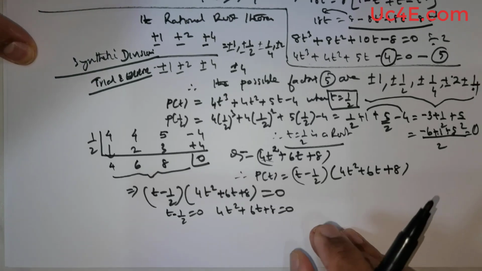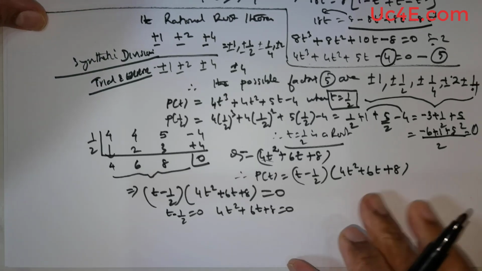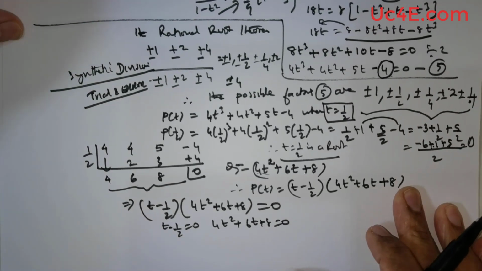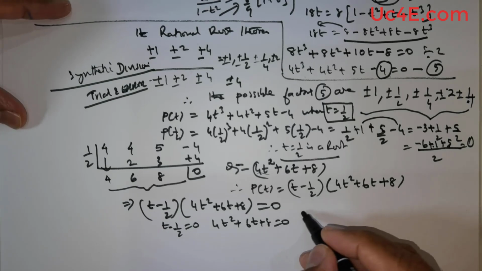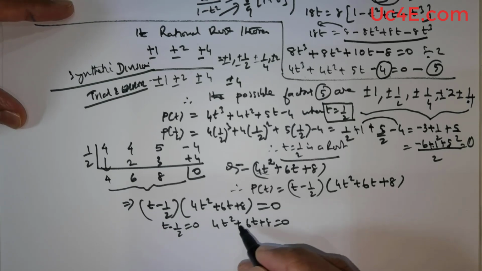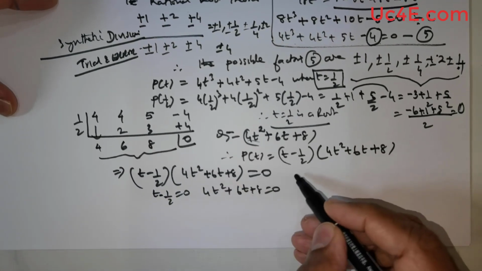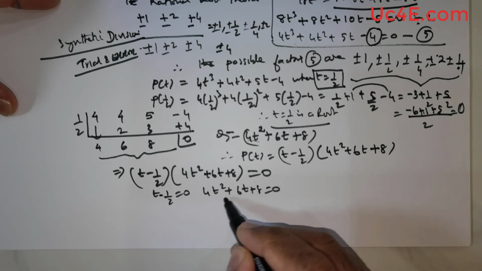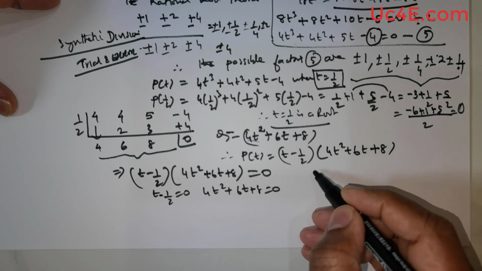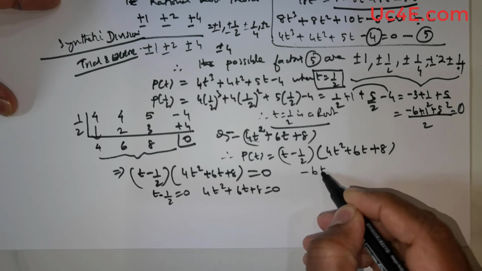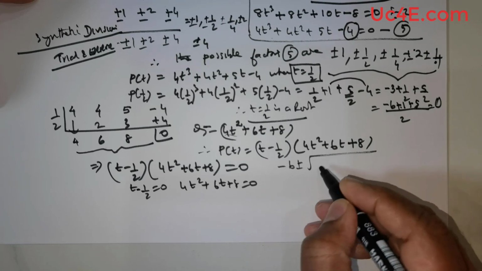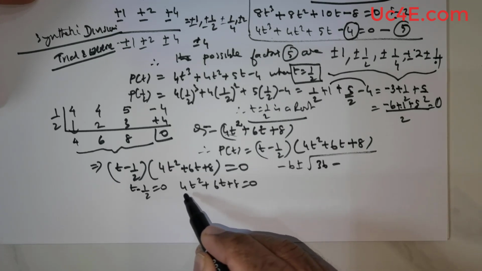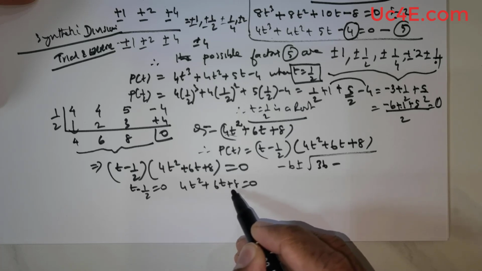Why am I doing all these things? Because I need to get the values for the variables. Now to simplify this, I'm going to use the quadratic formula. Directly applying it, minus b is negative 6, plus or minus the root of b squared, which is 36, minus 4ac.